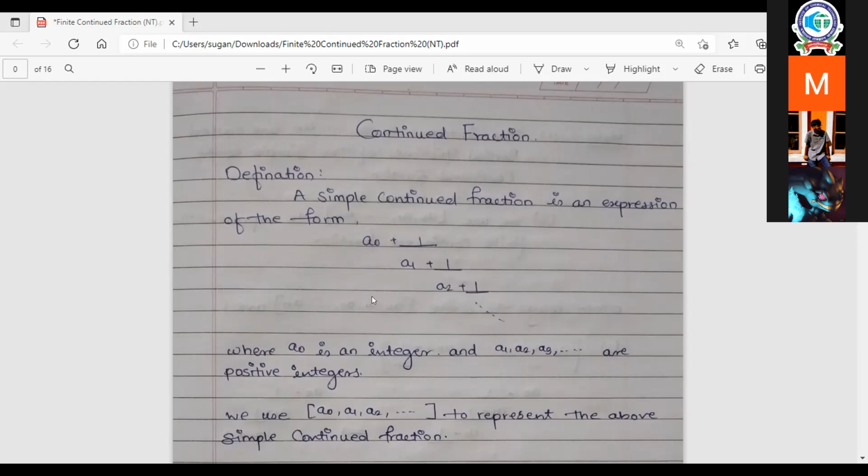Now this expression looks tedious, so we write it in this form: bracket a0, a1, a2, and so on. Now if we terminate at some step, then we call it a finite continued fraction.